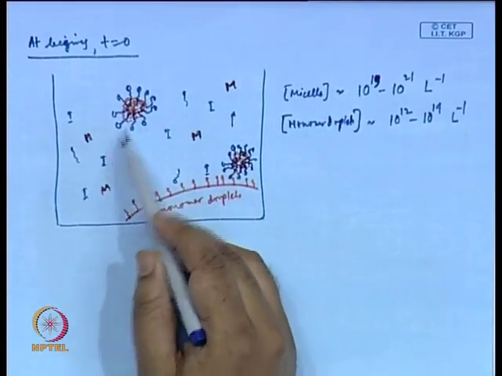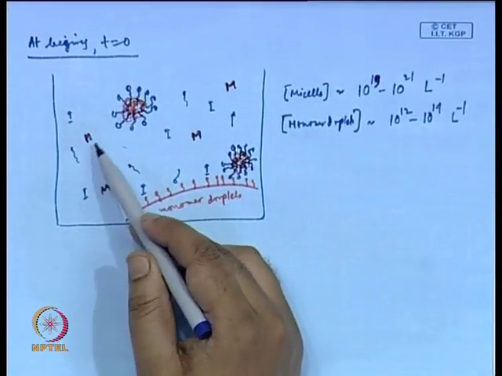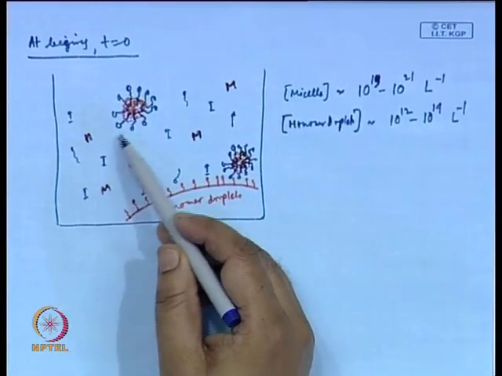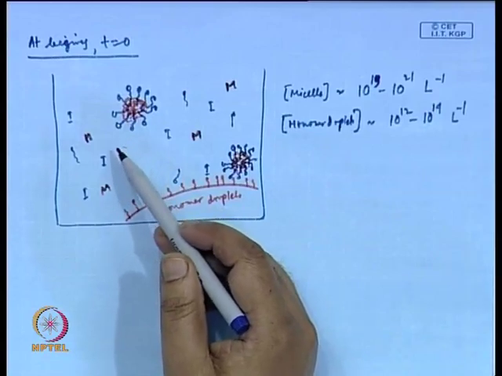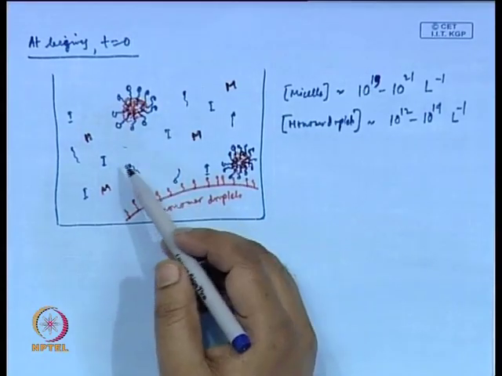Now, the partition of the monomer between the inside of the micelle and the aqueous medium depends on the solubility of the monomer in aqueous solution.